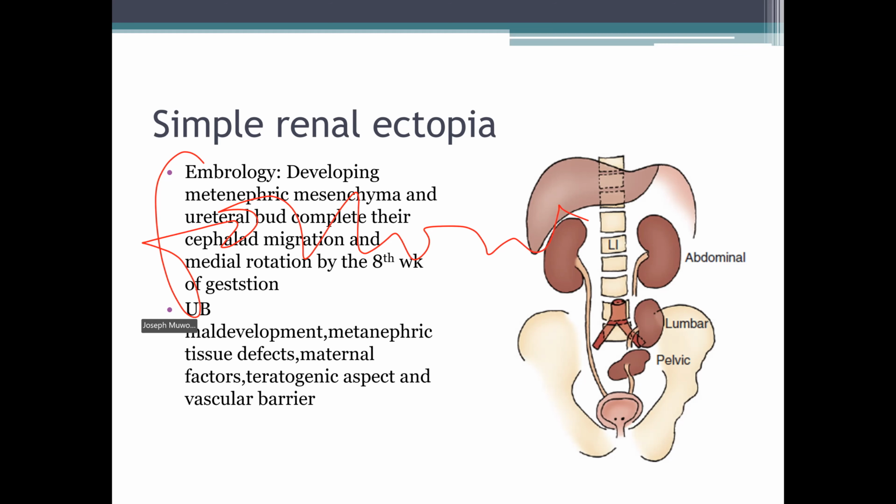So in the simple ectopia, in this diagram, you can see that the kidneys are in the normal positions. You can also see the kidney in the pelvis and the lumbar region. And that is how the simple ectopia is. And of course, we think that the ureteric bud maldevelopment may be one of the causes.